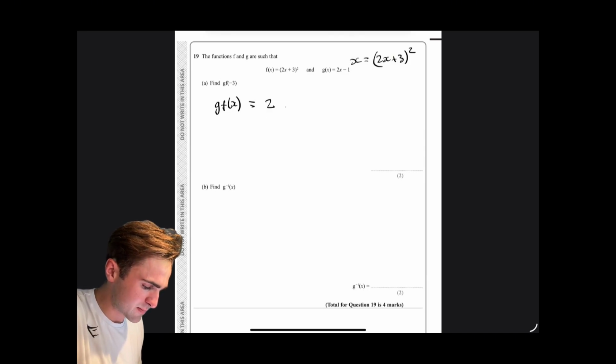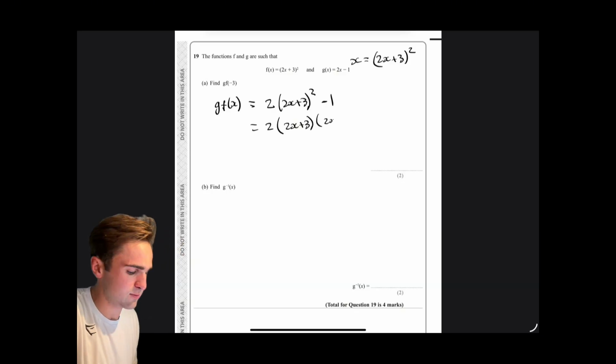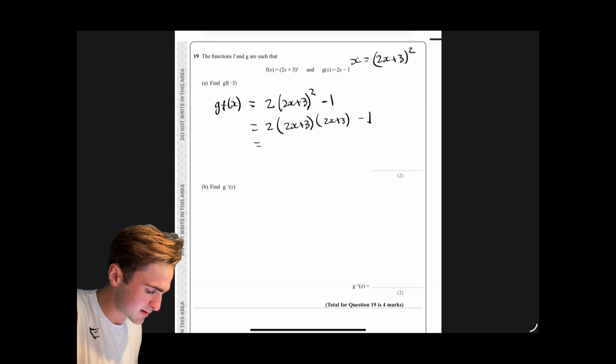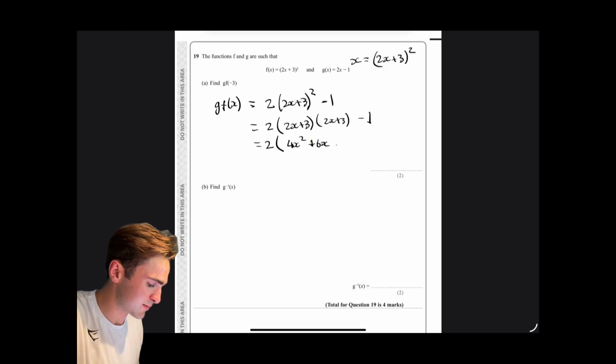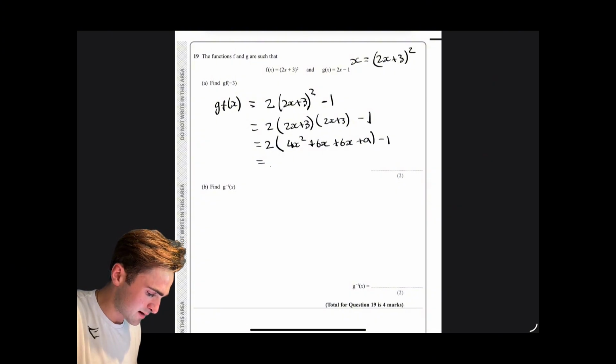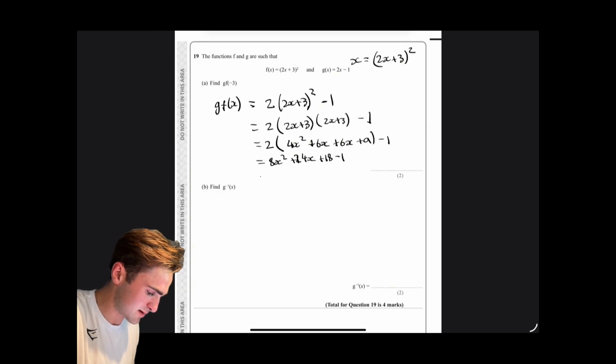So this becomes (2x plus 3) squared minus 1, which equals 2 lots of (2x plus 3)(2x plus 3) minus 1, which equals 2 lots of: 2x times 2x is 4x squared, 2x times 3 is 6x, 3 times 2x is 6x, 3 times 3 is 9, minus 1, which equals 8x squared plus 24x, right? Plus 18 minus 1, which equals 8x squared plus 24x plus 17.